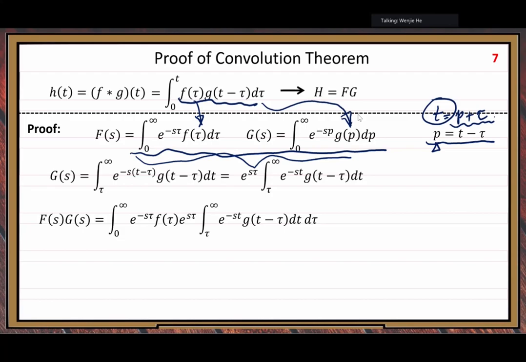So here you can see we use a double integral: the inner one with dt, the outer one with d tau.